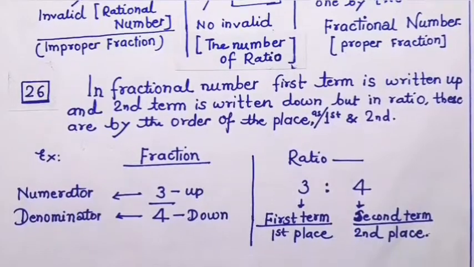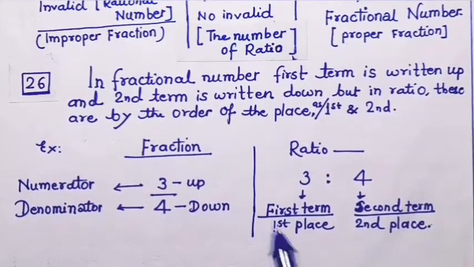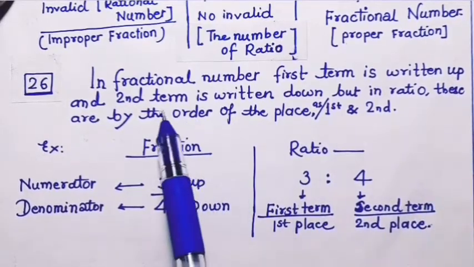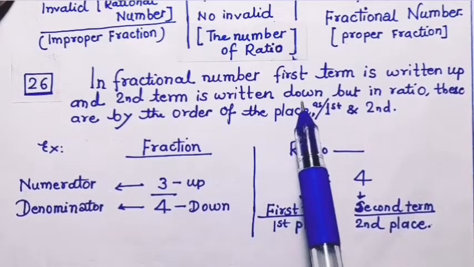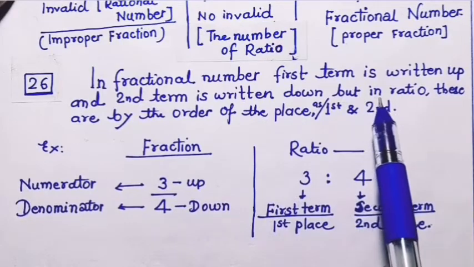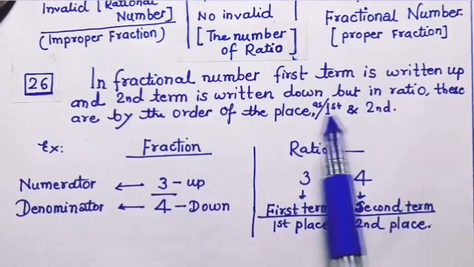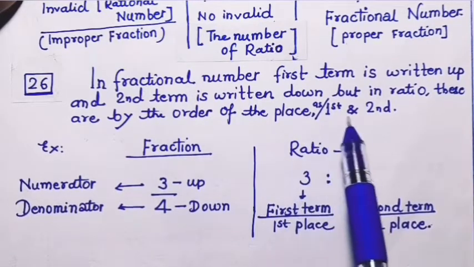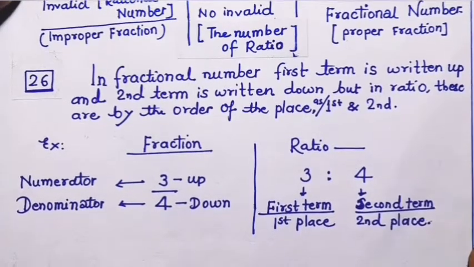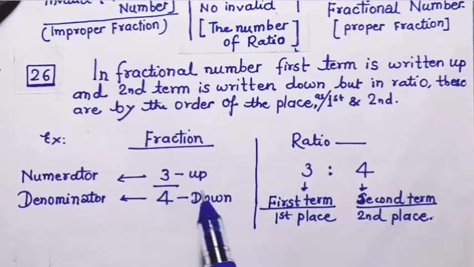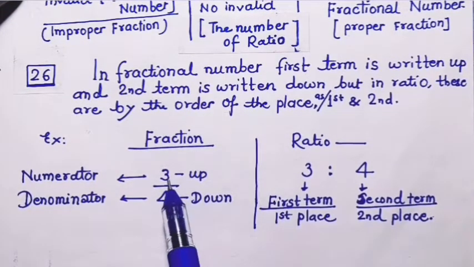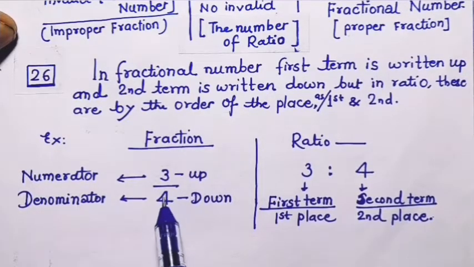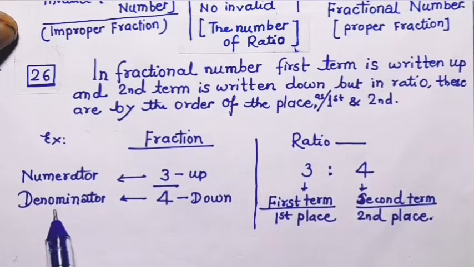In a fractional number, the first term is written up and the second term is written down, it means below. But in a ratio, these are written by the order of the place as first and second. For example, in the fraction 3 by 4, 3 is written in the place of numerator and 4 is written in the place of denominator.